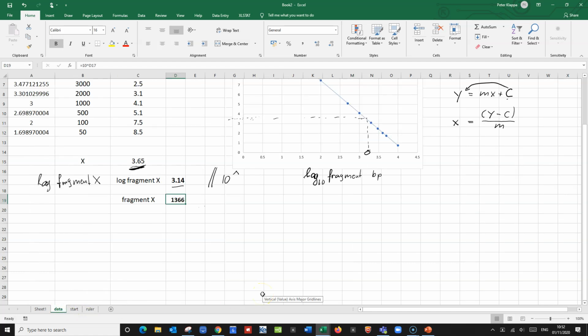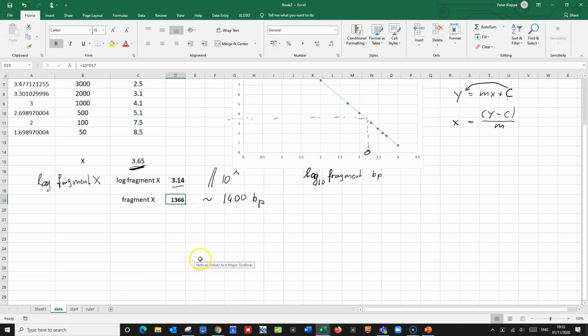And I think the best way to deal with it would be to say that the fragment that we are looking at here is probably around 1400 base pairs. And that gives us enough room for any uncertainties.